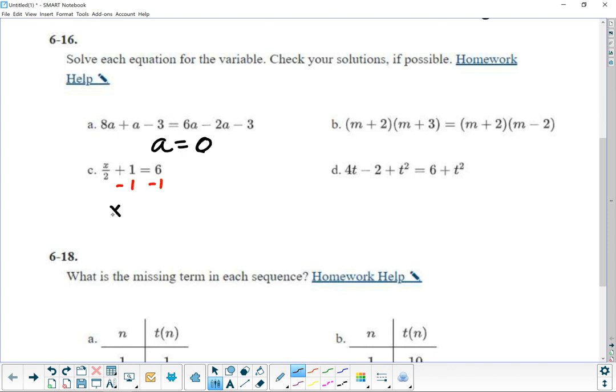So I'll have x over 2 equals, and these 1 and positive 1 cancel. 6 minus 1 is 5. Now I just need to finish this off by multiplying by 2, because the opposite of divided by 2 is multiplication by 2. And by doing that, the division by 2 and the multiplication by 2 cancel, and I'm left with x equals 5 times 2.